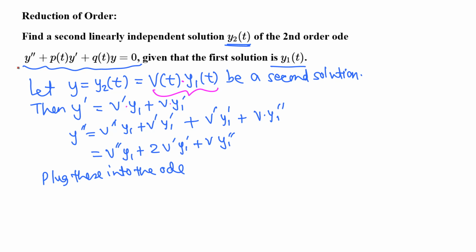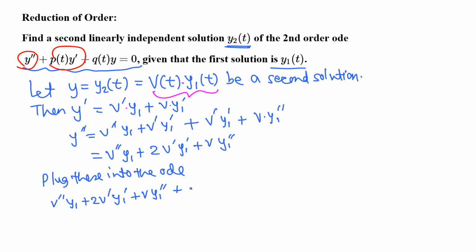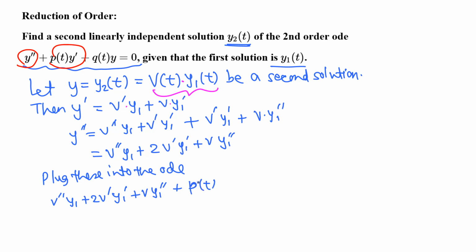So here we got y double prime, which is here, v double prime y1 plus 2 v prime y1 prime plus v y1 double prime, plus p times y prime, which is here, sorry, this, which is v prime y1 plus v y1 prime.